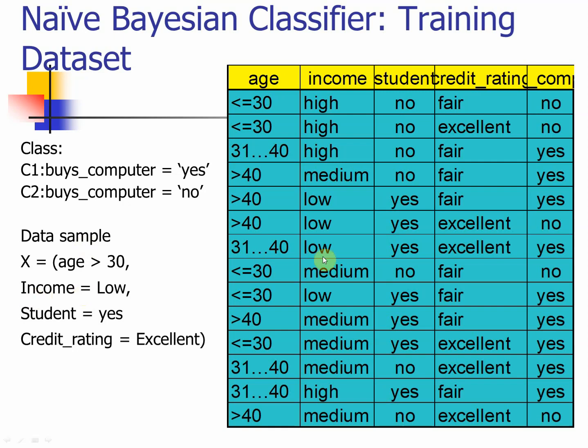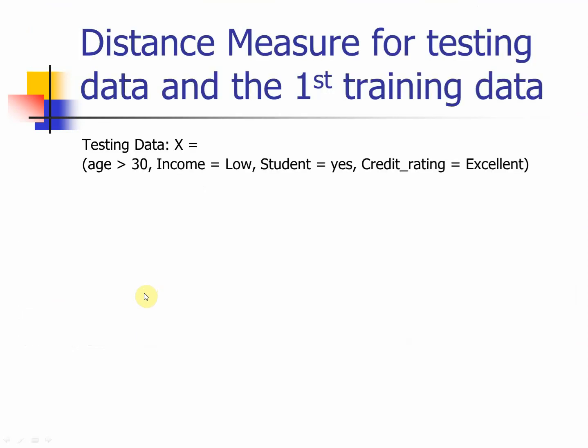And for income, it can be low, medium, and high. So we can change low to equal one category, and medium and high to another category, in terms of reflecting the testing data that we have. So when we look at the testing data set, we can totally convert these values into binary data.